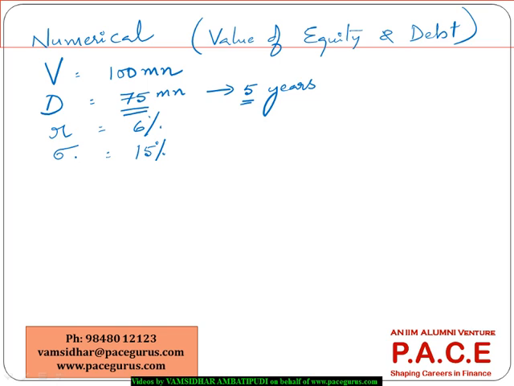Now based on this, if I want to find out the value of the equity as well as the value of the debt, I should be able to find it at a point in time t.